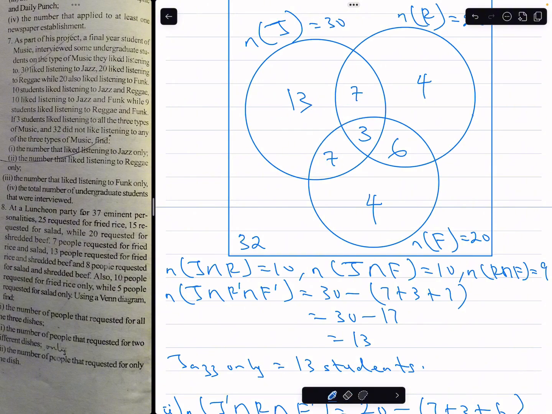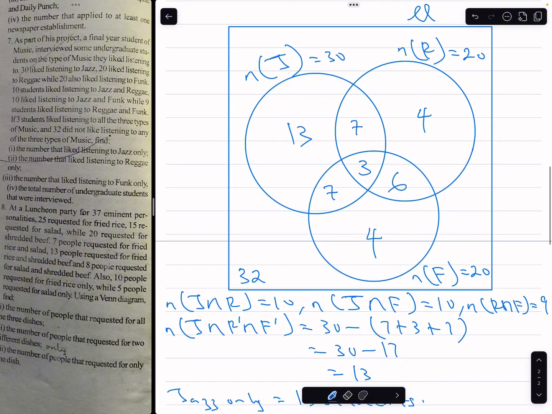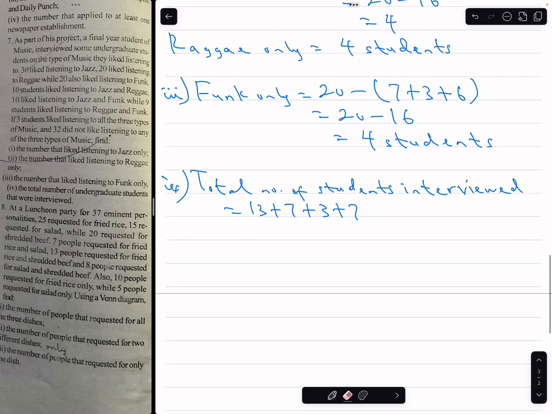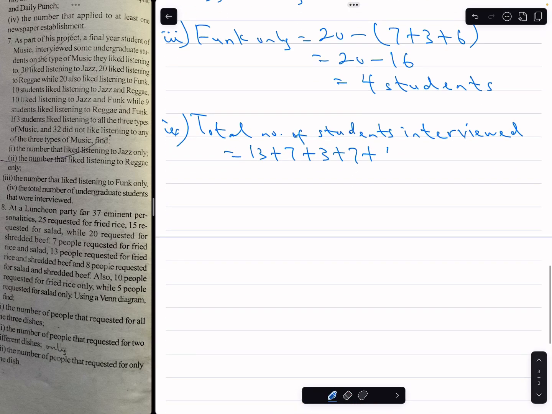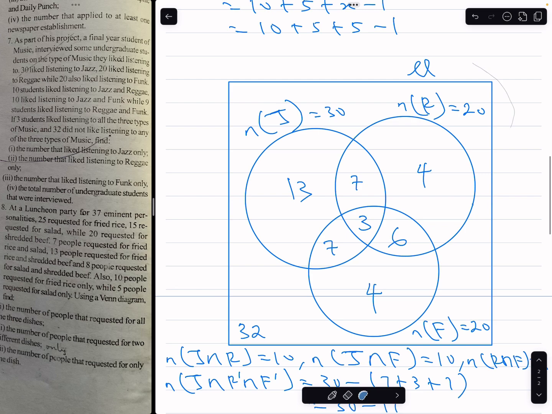We know that's 30, but let me just write it that way: 13 plus 7 plus 3 plus 7 plus 4 plus 6 plus 4 plus 32. I can even bring the diagram down so that we see that we are adding correctly.